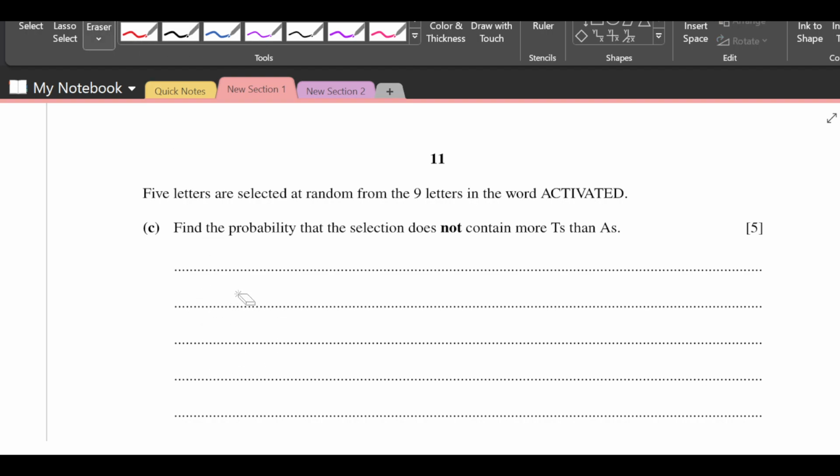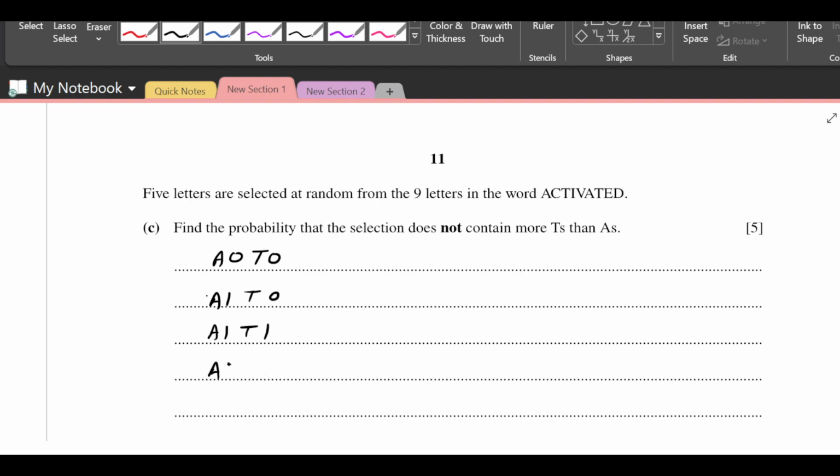That means here I can have 0 A as well. Can I say that? Yeah, that is also possible. So A0, T0, A1, T0 or A1, T1.